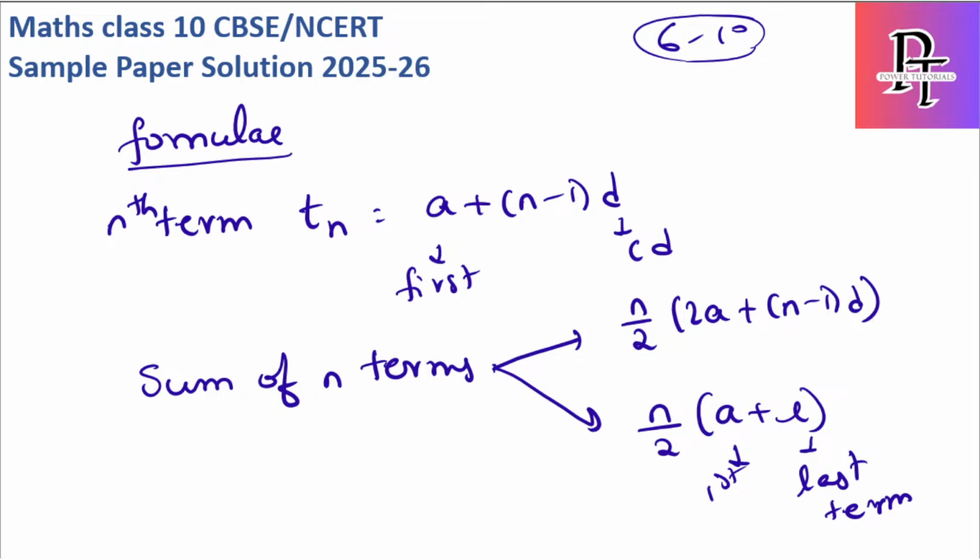When compared to chapters like triangles or circles, where the formulas are a little lengthy, in arithmetic progression the formulas are very easy. The only point is we need to understand what they're mentioning in the question, then definitely you can solve any question, because the formulas and the steps are easy.